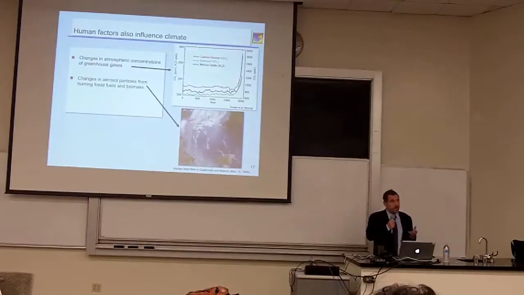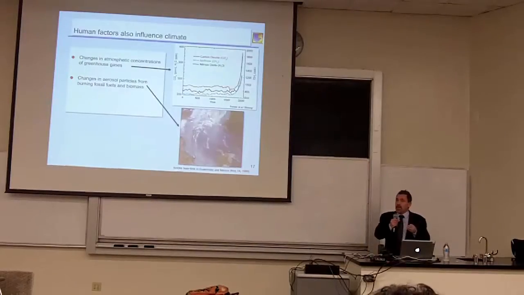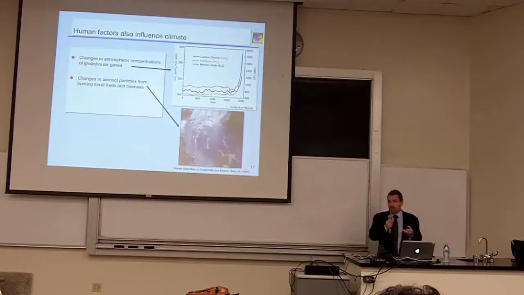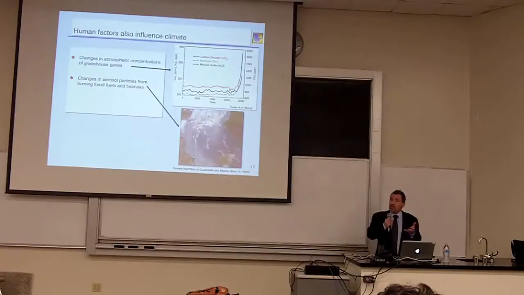In addition to changes in levels of these heat-trapping greenhouse gases in the atmosphere, there's also particulate pollution. So this is satellite imagery of smoke and haze from biomass burning in Guatemala and Mexico in 1998. We know that there are a whole bunch of different activities that produce particulates in the atmosphere.